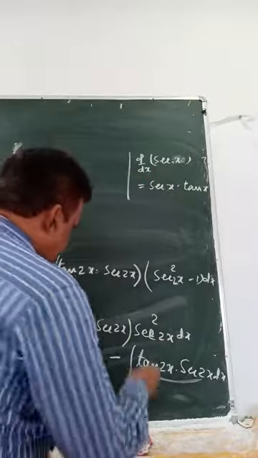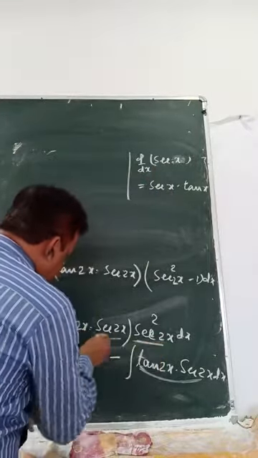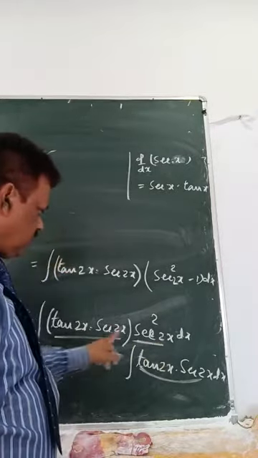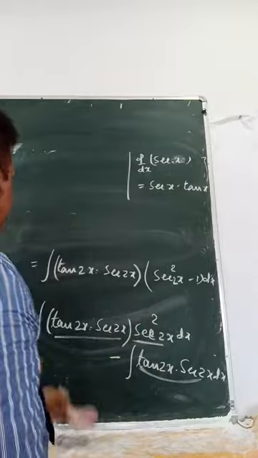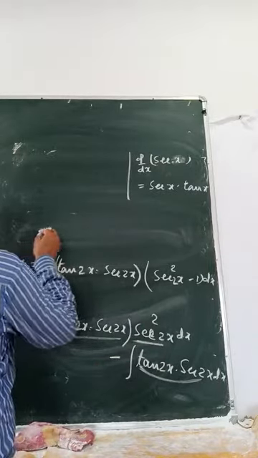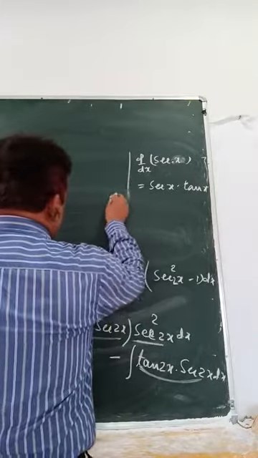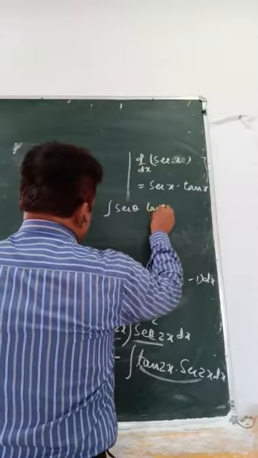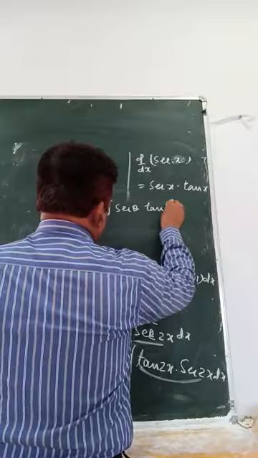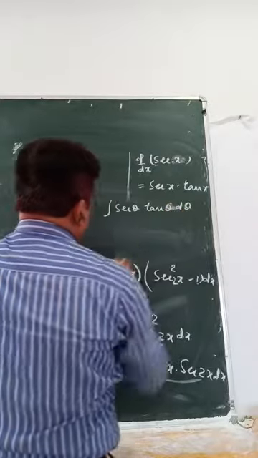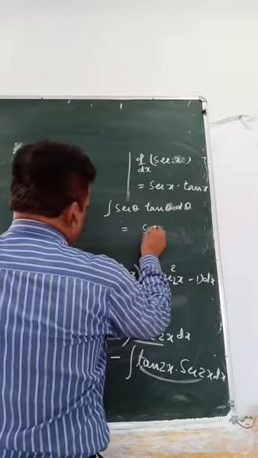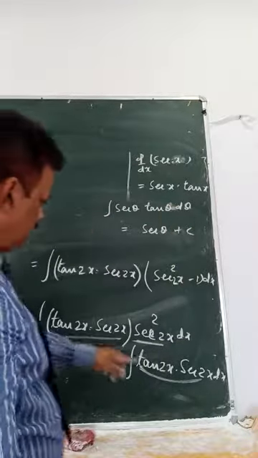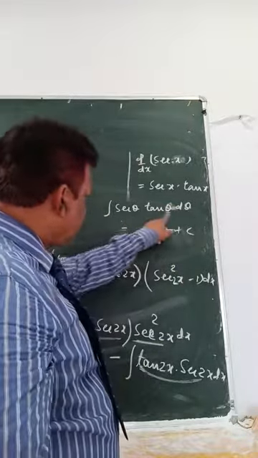So what is the formula I will use here? One more formula I am writing: sec theta tan theta d theta, its integration is sec theta. This I have given you. So this one I can use this formula.